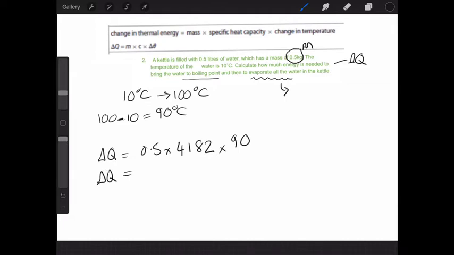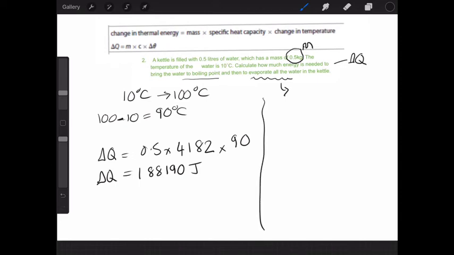So calculator at the ready, times those numbers together, we get 188,190 joules. That is how much energy has been transferred to change the temperature of the water from 10 degrees to boiling point. But then the water is going to change state.